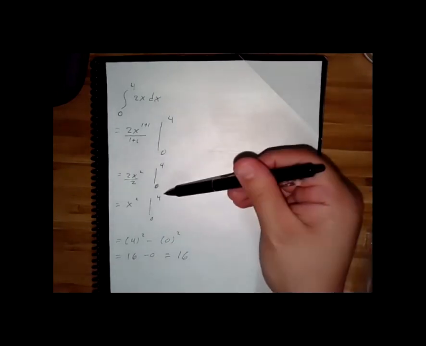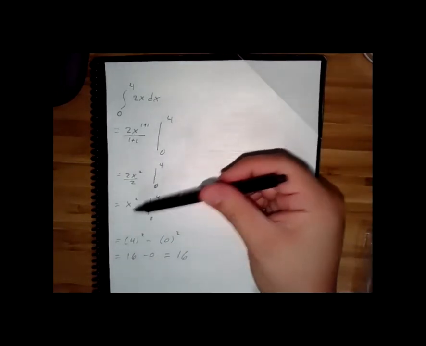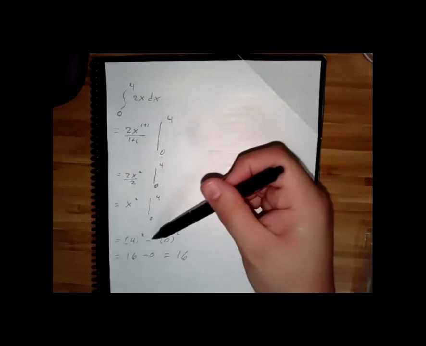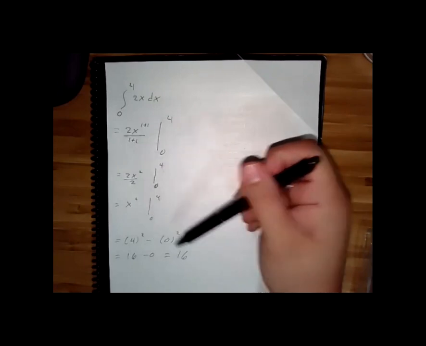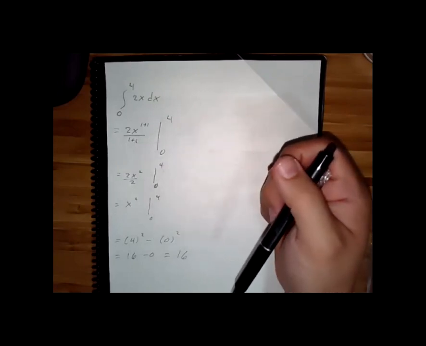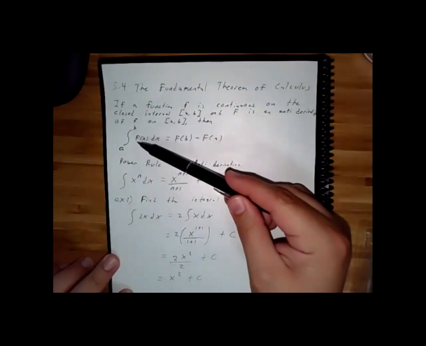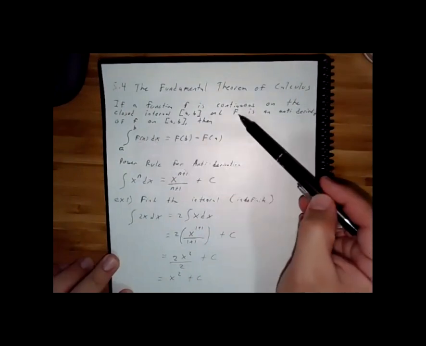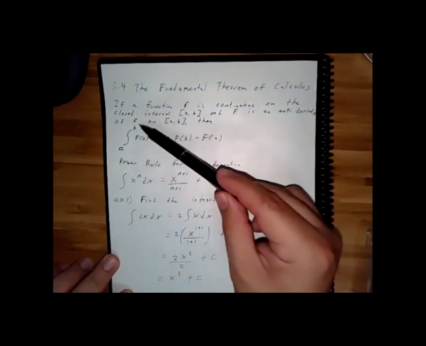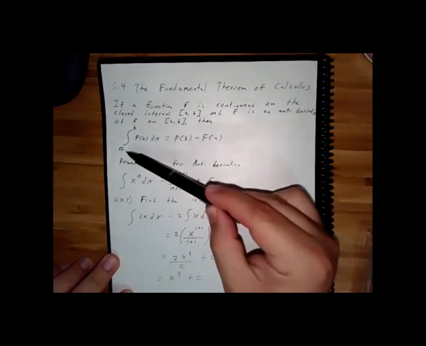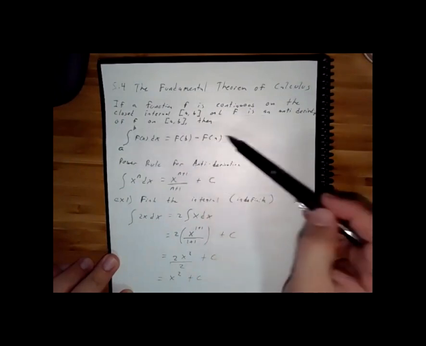It's always going to be the top number into the result of your antiderivative minus whatever's down here. You find the antiderivative, which is capital F, and plug in the top number minus the bottom number.